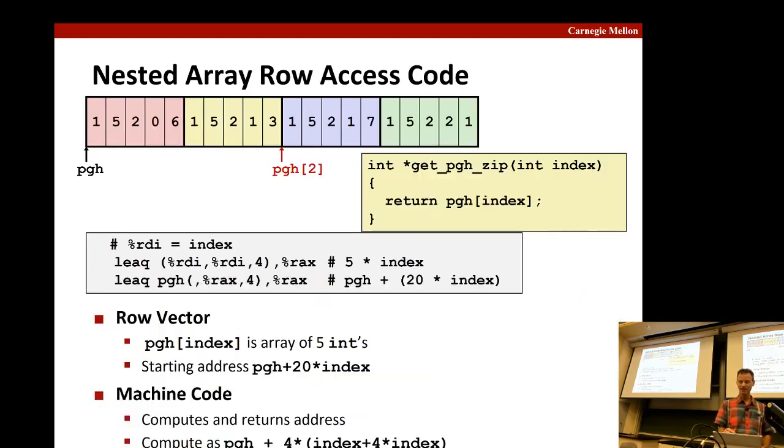Okay, so what does the assembly code end up looking like? Let's suppose that I want to get back just the zip code from one of these 4 places. So I wrote this little C function that looks like this. What is the starting address?